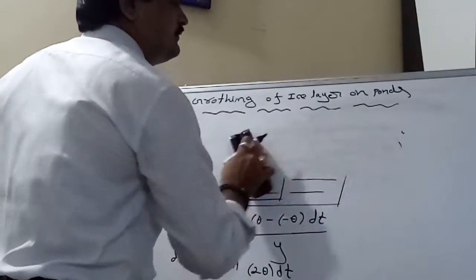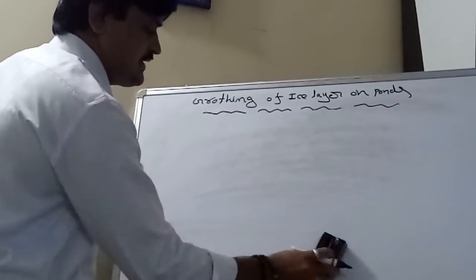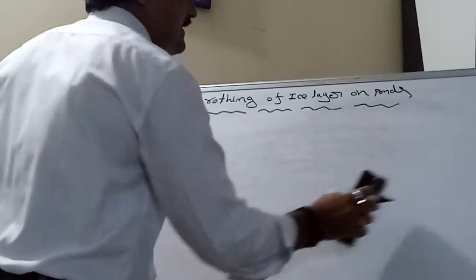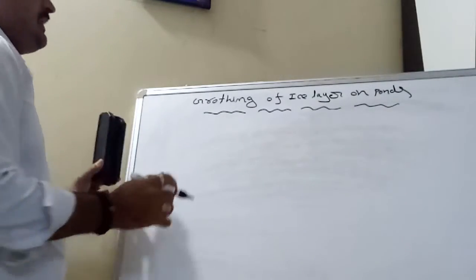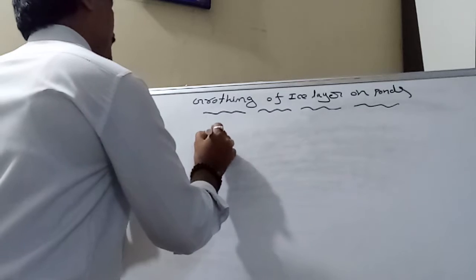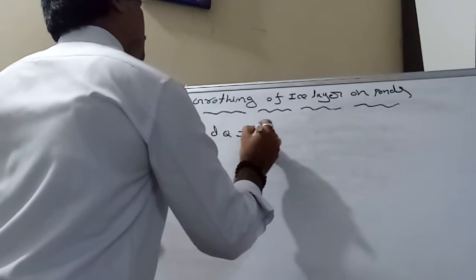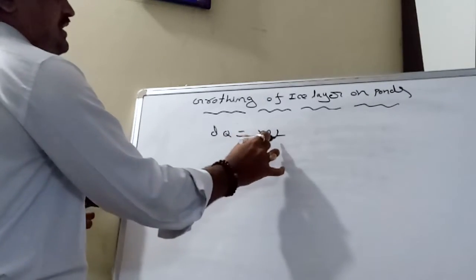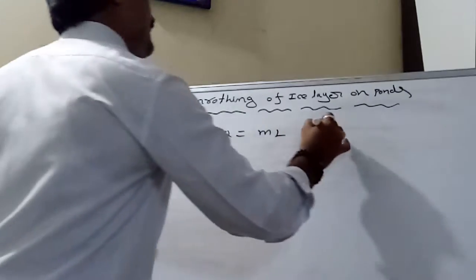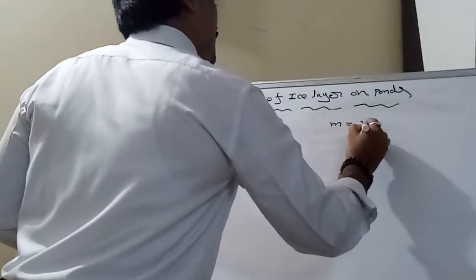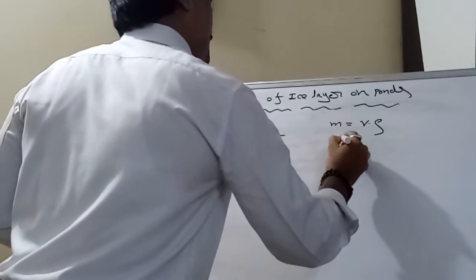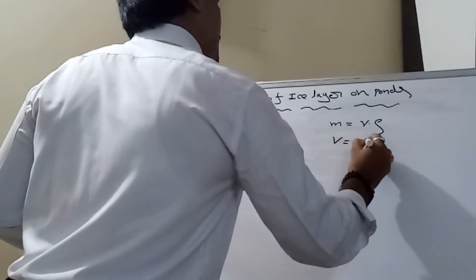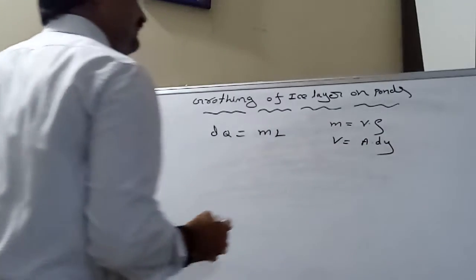Here the heat escaping through the ice is the heat released by the water in contact with the ice, that is dQ equal to mL, where m is the mass of the substance and L is the latent heat. M is equal to volume into density, and volume equals area into dy.